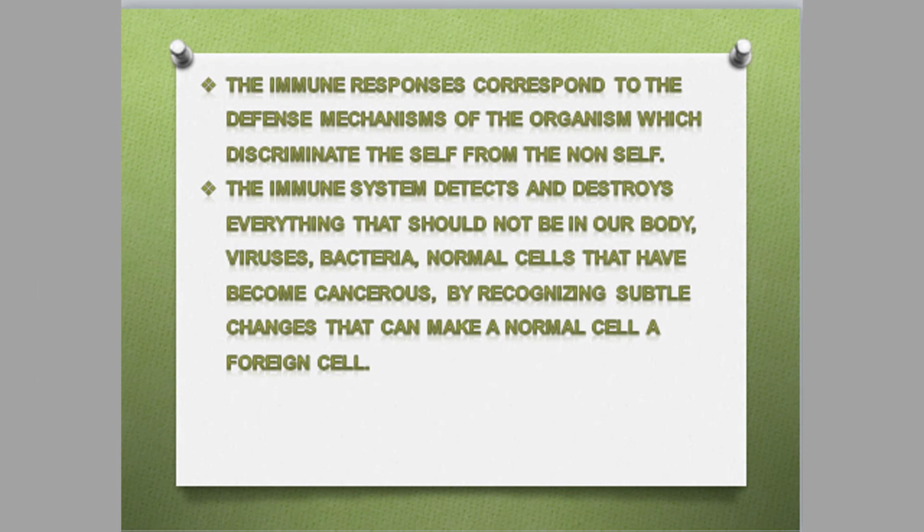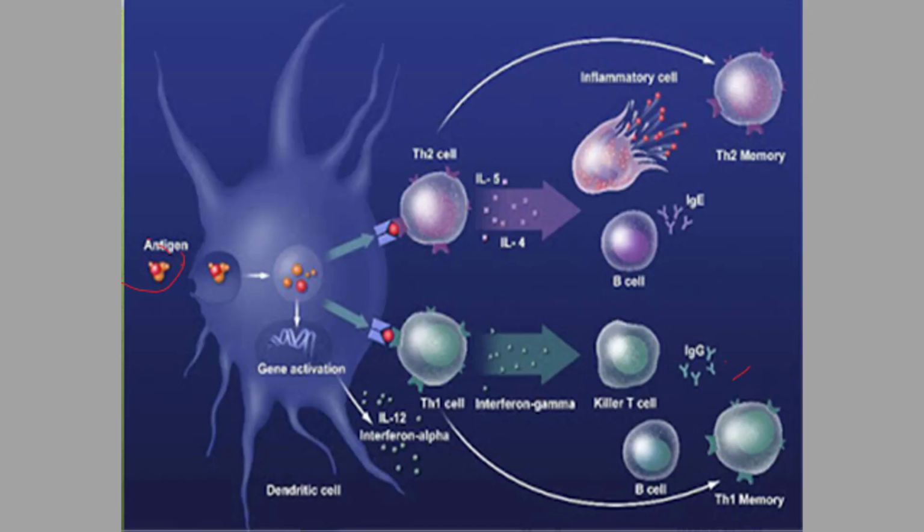The immune response corresponds to the defense mechanism of the organism, which discriminates the self cell from the new cell. The immune system detects and destroys everything that should not be in our body: viruses, bacteria, normal cells that have become cancerous, by recognizing subtle changes that can make a normal cell a foreign cell.